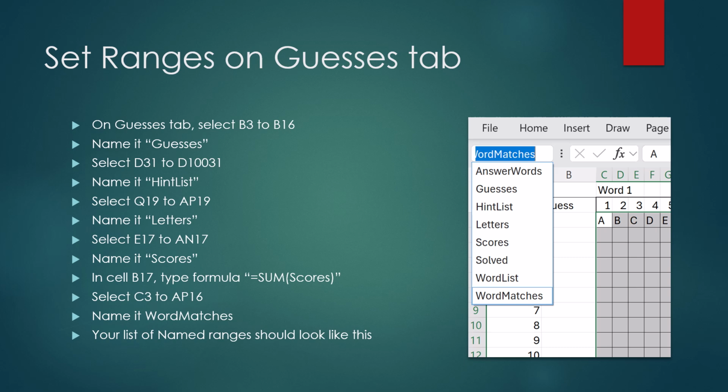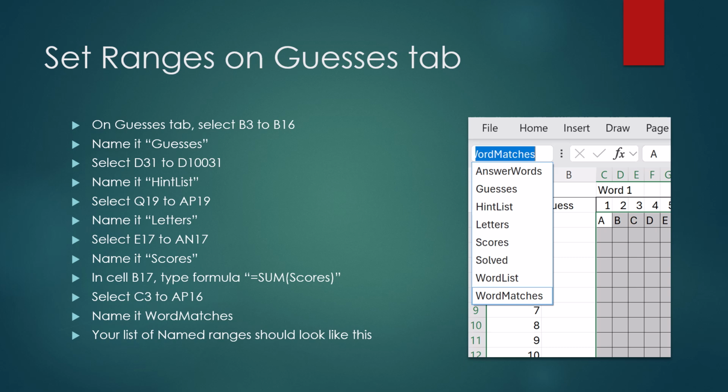And that's you just highlight and keep scrolling down to the bottom before you type in hint list there in the type in area in that combo box. Then you select range Q19 through AP19, and that's where we're going to have the remaining letters. You just name it letters.